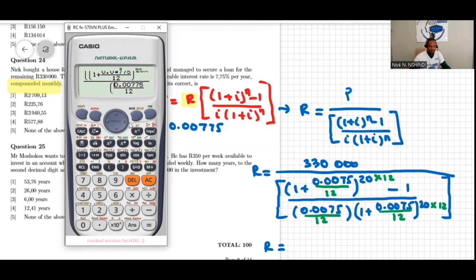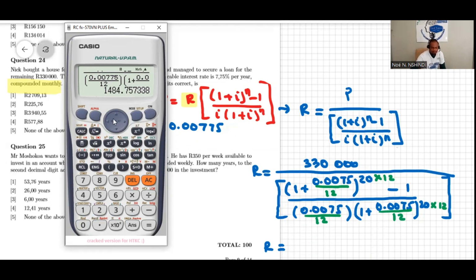Now close brackets, and then open another bracket, 1 plus 0.00775 over 12, close brackets, to the power of 20 times 12. And when we hit equal, we got this amount.